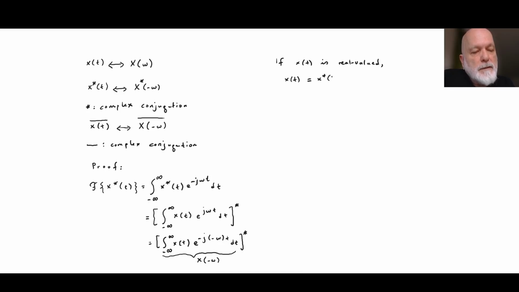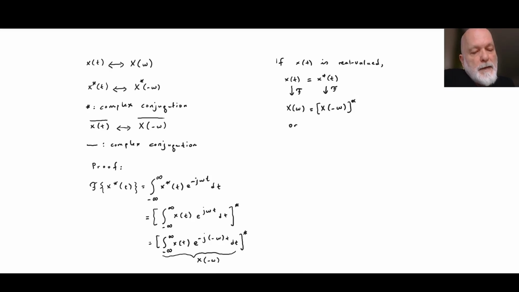Meaning that if you evaluate the Fourier transforms of x of t and x conjugate of t, X of omega will be equal to X of minus omega, complex conjugate.